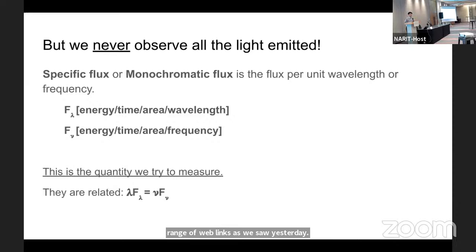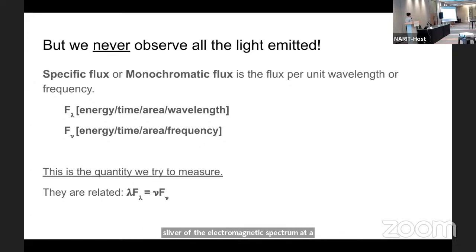Our telescope is sometimes not sensitive to things like X-ray emission at all. And most of the time, it is really difficult to gather all the resources to collect light all the way from gamma ray to radio. So usually as astronomers, we only get access to just a sliver of the electromagnetic spectrum at a time.